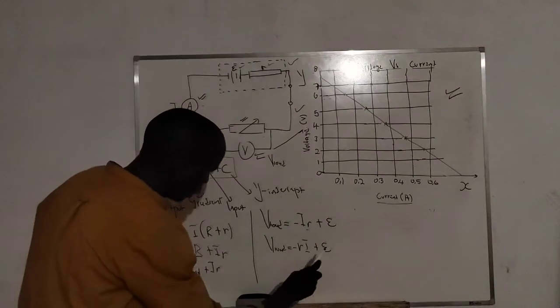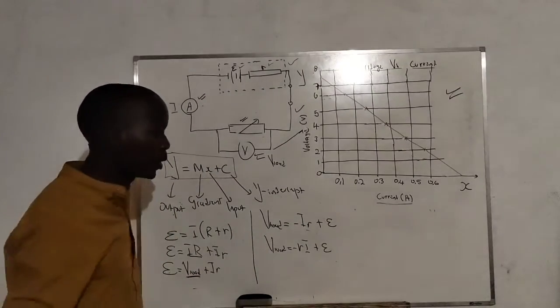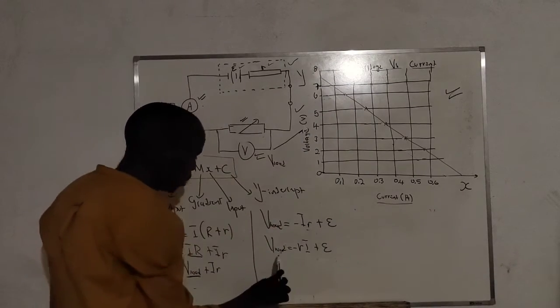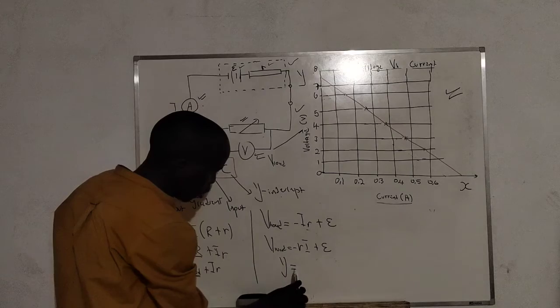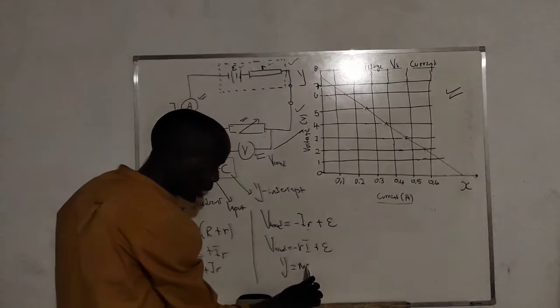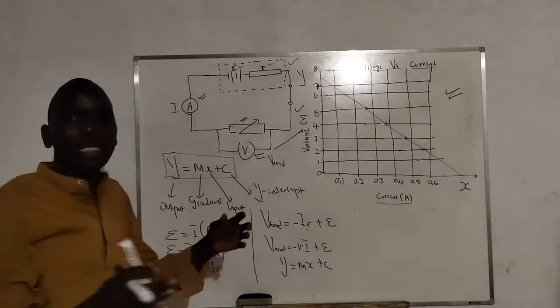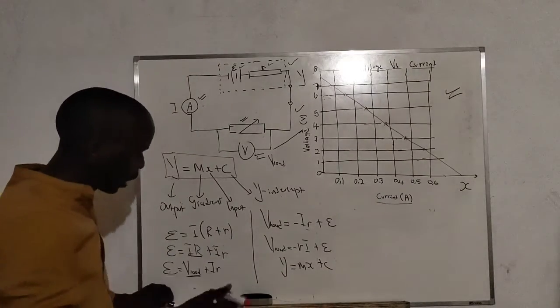This is familiar from the equation of a straight line: y is the output, y equals m, the gradient, times x plus c. So I know what each variable is.